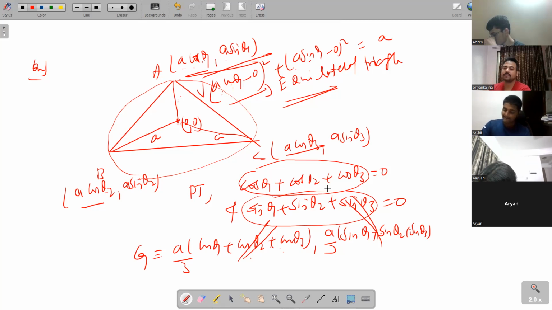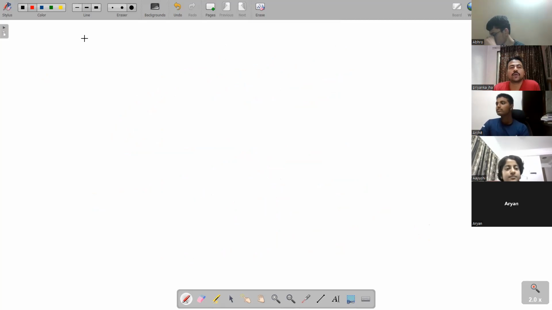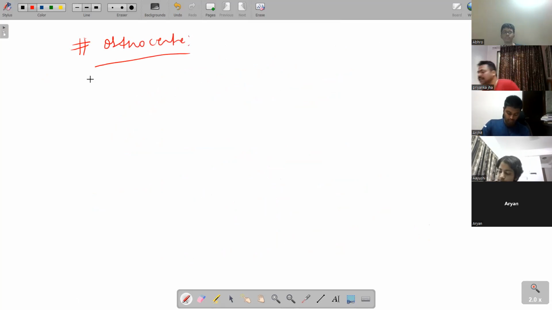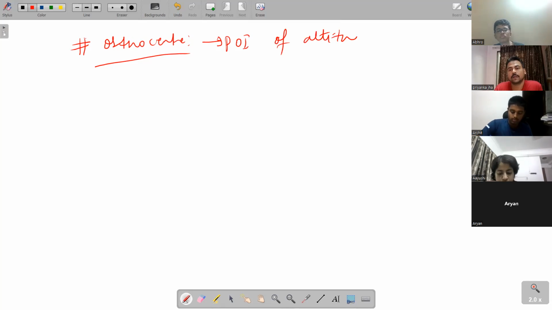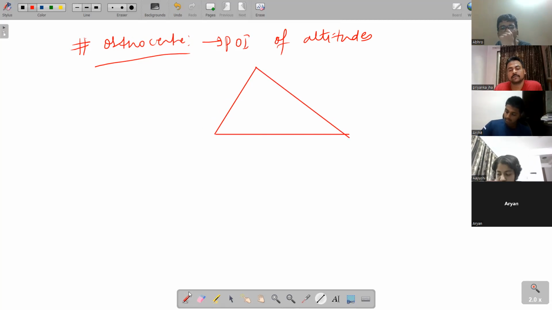Okay, noted. Next center would be the orthocenter. See, orthocenter is the point of intersection of altitudes. It is the POI, meaning point of intersection of altitudes. See, this is your triangle A, B, C. Just drop a perpendicular from any vertex to the opposite side.